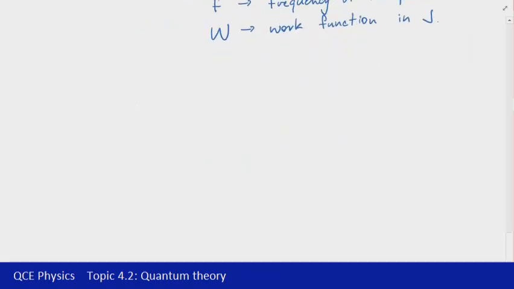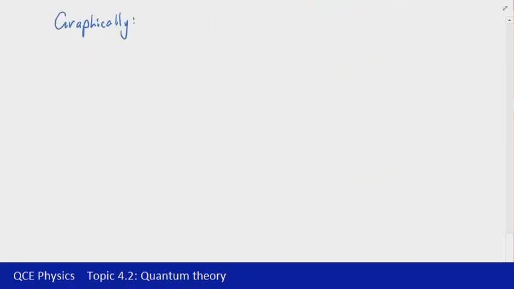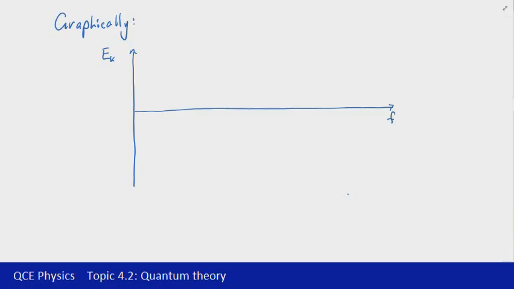We also need to have a look at what it looks like graphically. So I'm just going to sketch a graph here to represent this phenomenon. On the vertical axis, we're going to have the maximum kinetic energy of the electrons, so Ek. On the horizontal axis, we're going to have frequency f. Now, if we're looking at a particular substance, we know straight away that there is some threshold frequency that's important, so that value f naught.